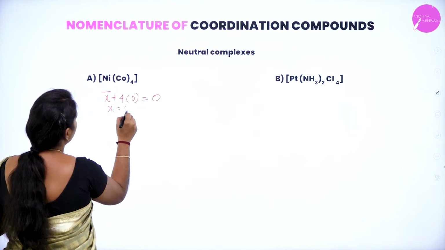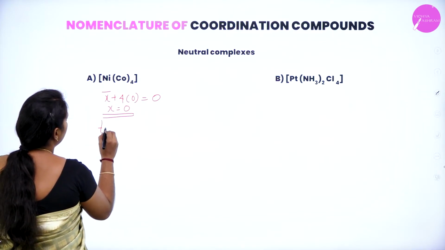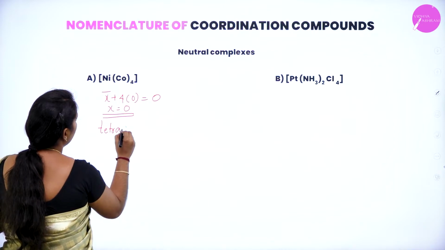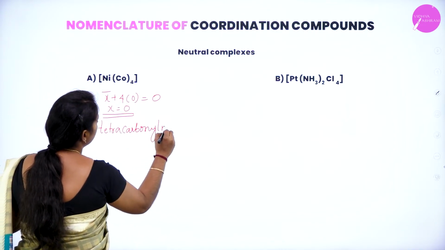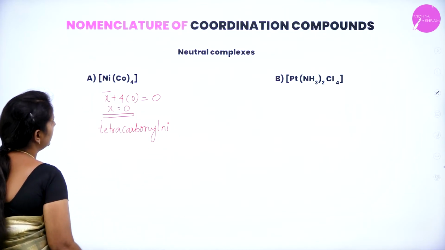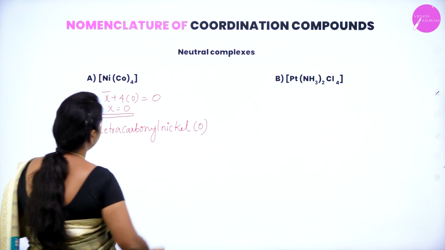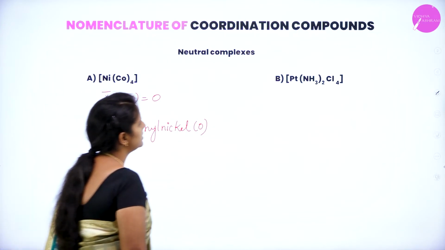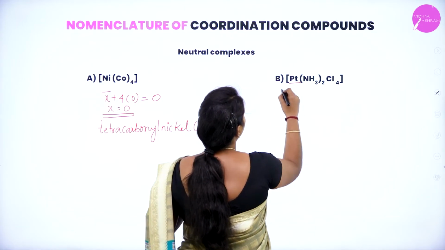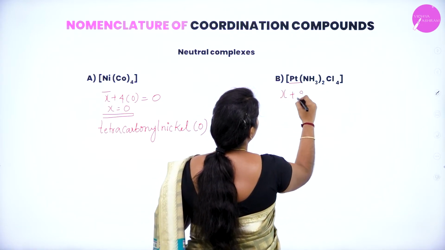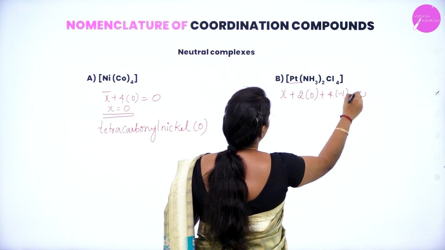So X is equal to 0, and it is named as tetracarbonyl nickel 0. Tetracarbonyl nickel 0. In this example, the platinum is the central metal atom. I'll consider X plus 2 into 0 plus 4 into -1, which is equal to 0.